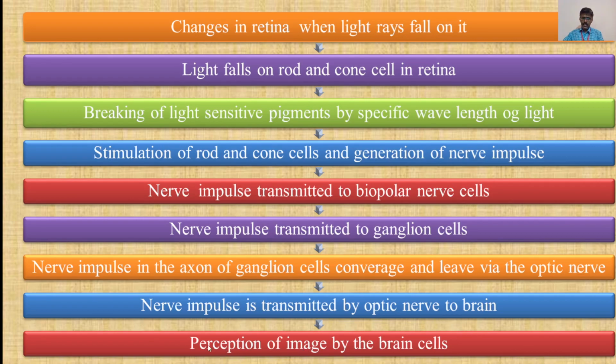And lastly, the perception of the image by the brain cells is done. Now this is a very lengthy process when we see it theoretically, but all these actions occur in a fraction of a second. So in this systematic way, the image of an object is recognized and realized, and the human being or the animal is seeing that image.